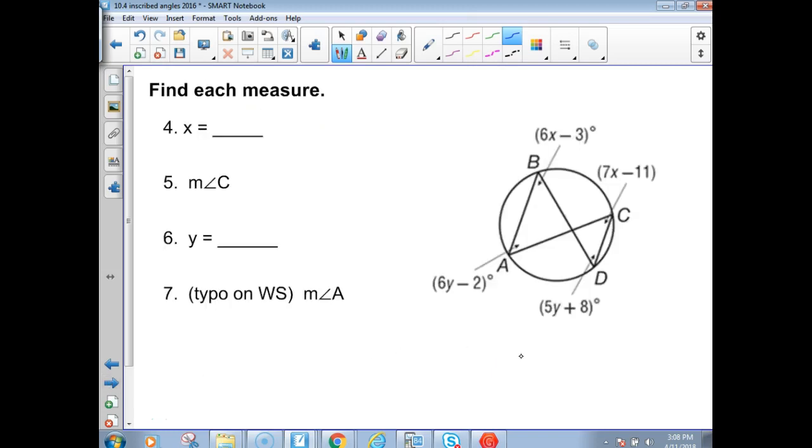Number 4, we've got a picture over here, and I can see that angle ABD and ACD intercept the same arc. Since they intercept the same arc, then these angles are congruent. So I'm going to set 7x minus 11 equal to 6x minus 3.